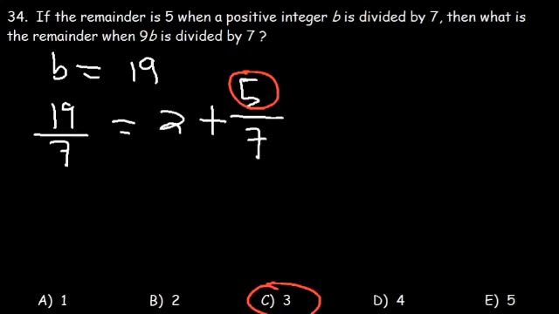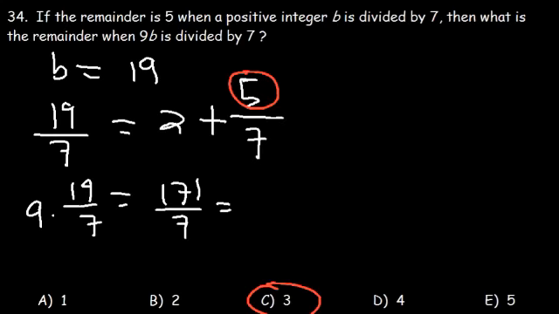Now if we multiply 19 by 9, will the remainder be 3? 19 times 9 is 171. So how many times does 7 go into 171? 7 times 24 is 168, so 7 can go into 171 at least 24 times, and 171 minus 168 is 3.